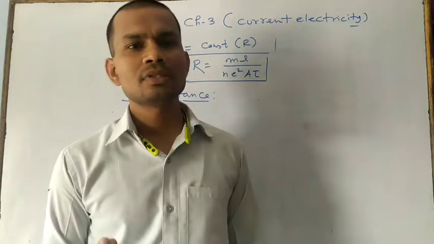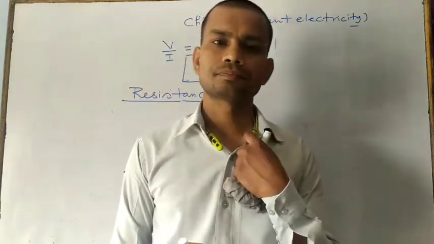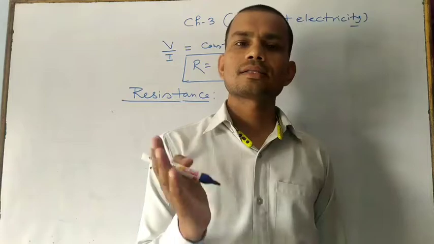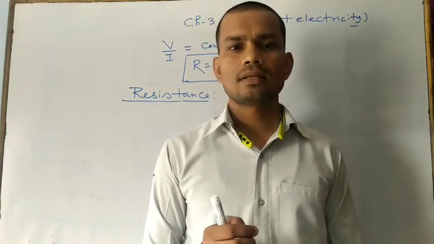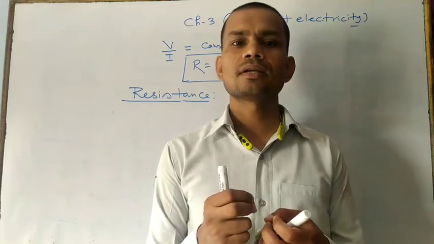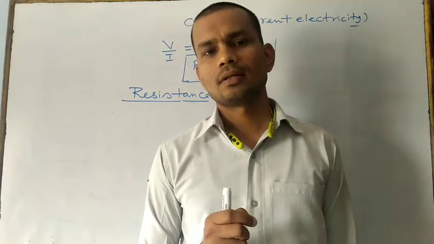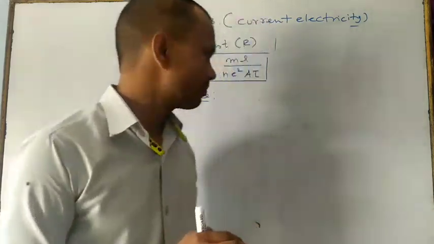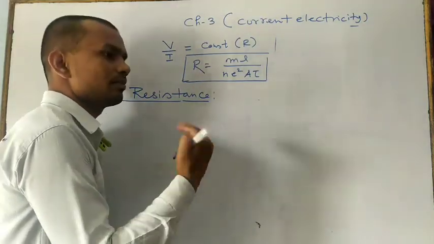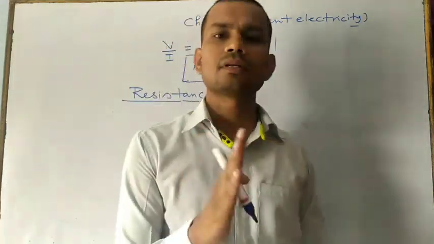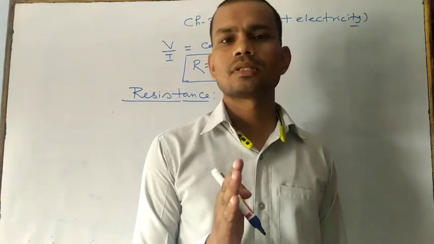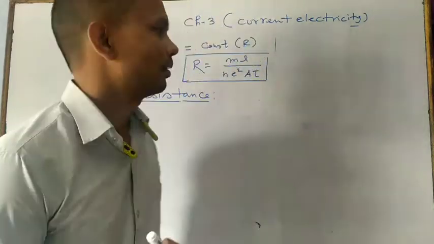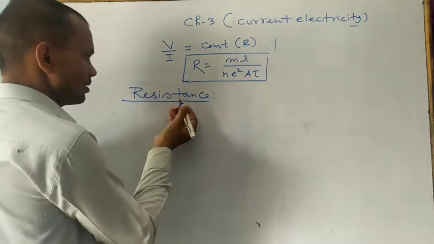Due to this they collide with the electrons or with the positive metal ions, and these collisions hinder the flow of charges. This is simply known as resistance, right?